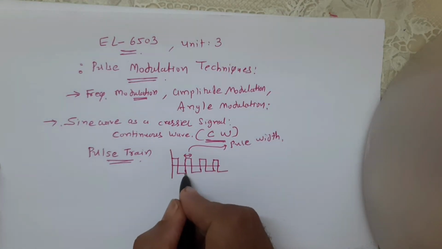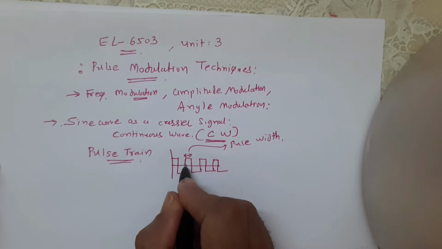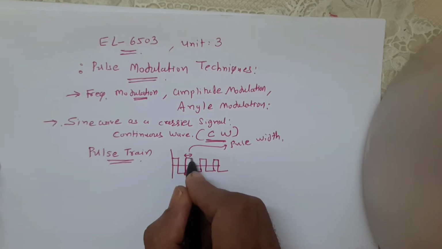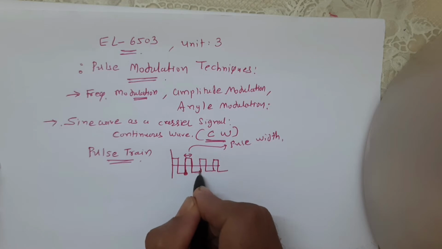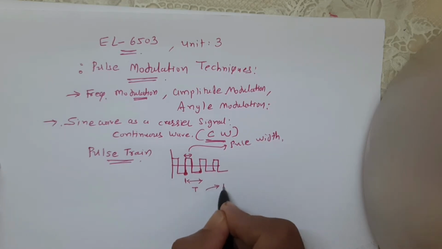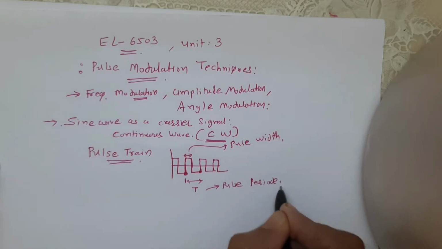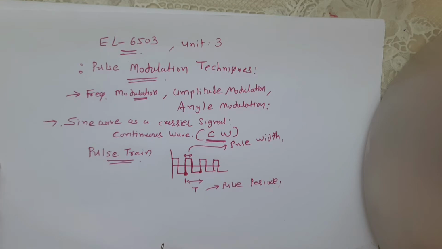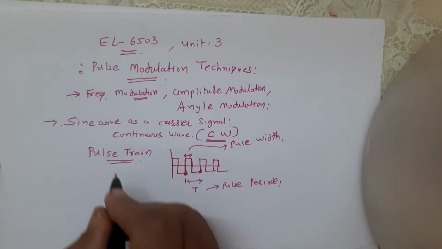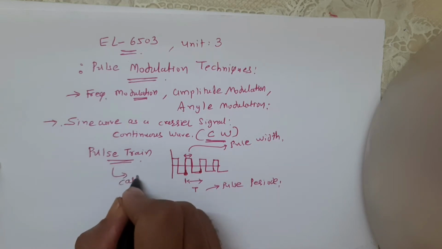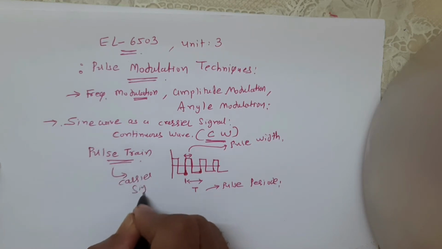And if this is our starting point, upper, straight, lower, this is your complete one signal. This is your pulse period. Now here, the pulse train works as a carrier signal.